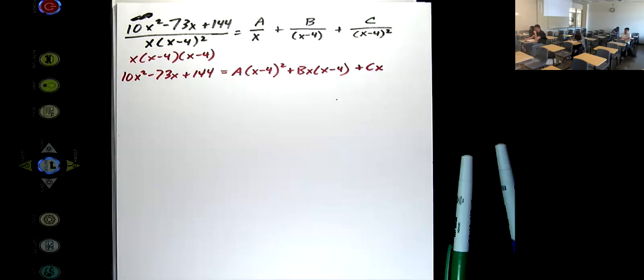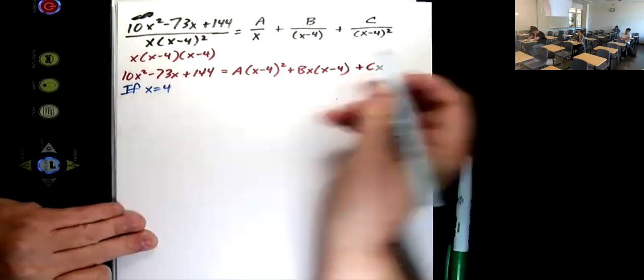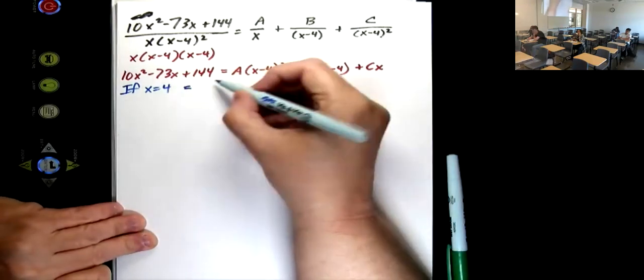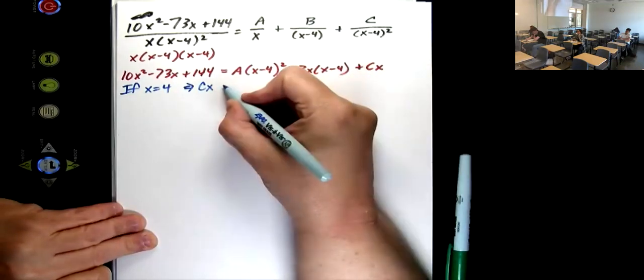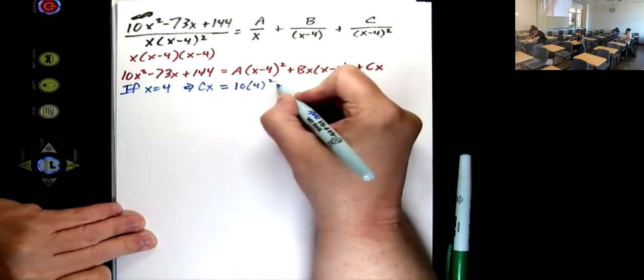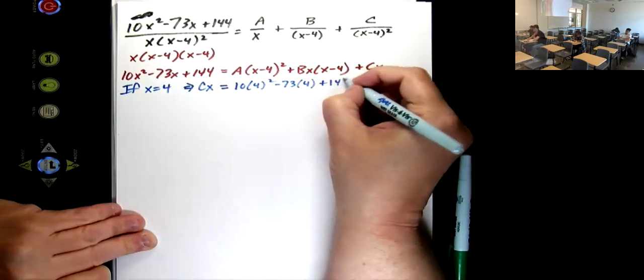What's the easiest way to go through this? How can I clear some values really quickly? What values can I plug in? 4, I can plug in a 4. If x equals 4, I get cx on the right, because the a and the b go to 0. On the left, I get 10 times 4 squared minus 73 times 4 plus 144.